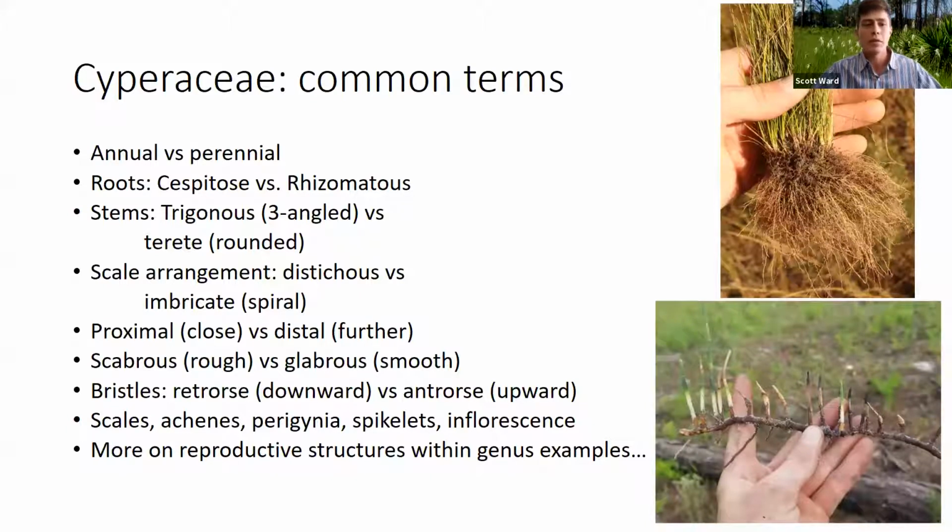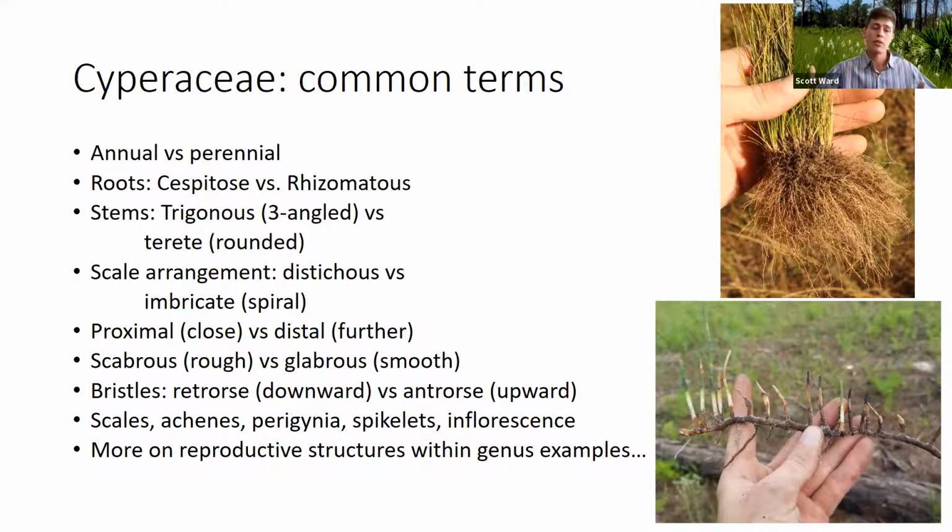When I say annual versus perennial, I mean, are these plants completing their life cycle in 1 year, or do they have root structures that help them to come back after, let's say, fire or a season? Are roots cespitose or rhizomatous? Here's a picture right here. Here's a cespitose example of a sedge, and here's a rhizomatous sedge. Are the stems trigonous, so three-angled, or are they rounded, also called terete? Is the scale arrangement of the floral area distichous or imbricate, kind of spirally or two-ranked arranged?